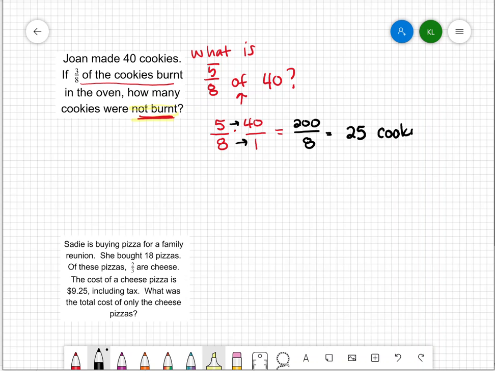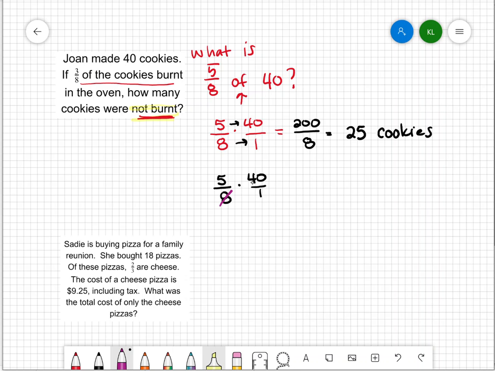Now I think this is actually a little bit of a longer way to multiply, because I like to do something called cross-canceling if I can. So cross-canceling means that I'm looking at factors, the numbers in the numerator and the denominator, to see if they have any common factors. So in this case, 8 is a factor of both 8 and 40. I can divide 8 into 40. 8 divided by 8 is 1.